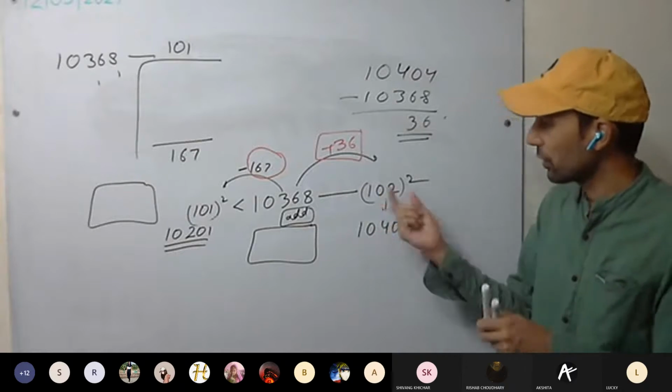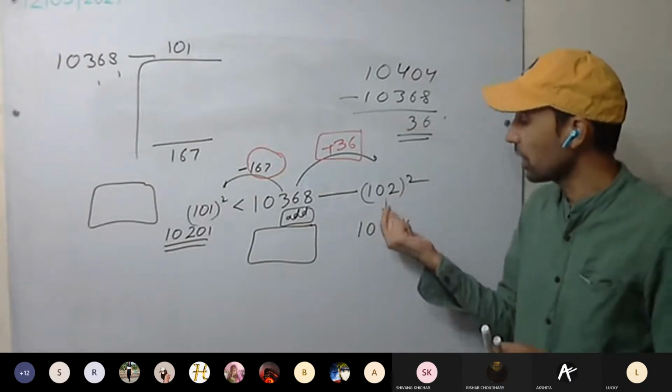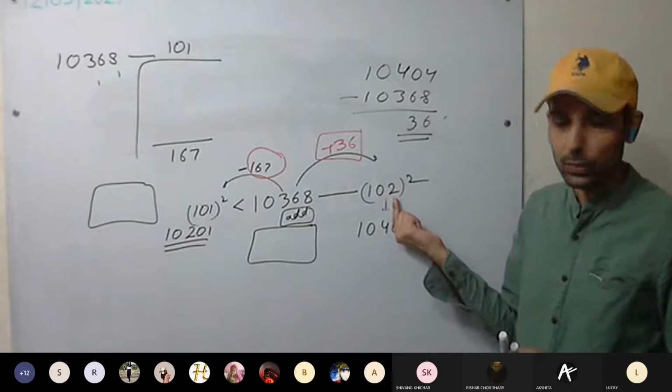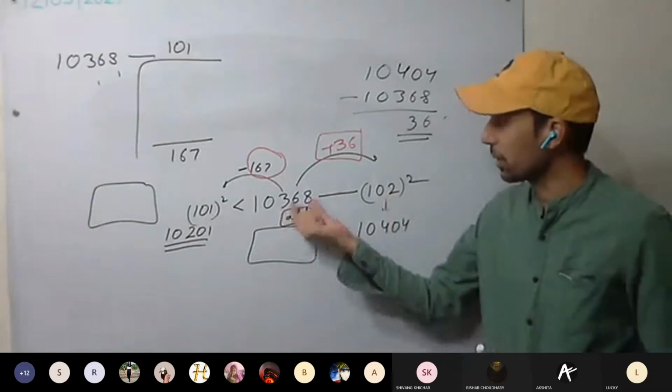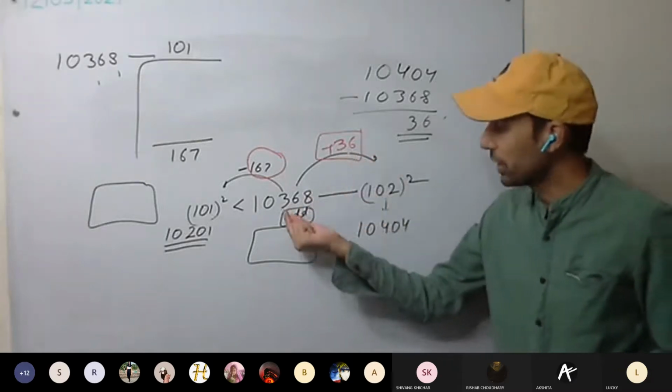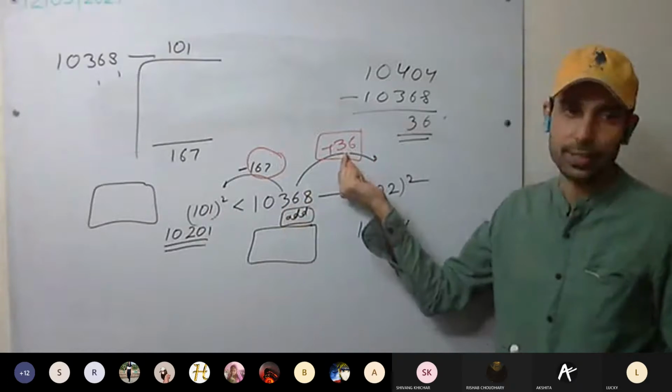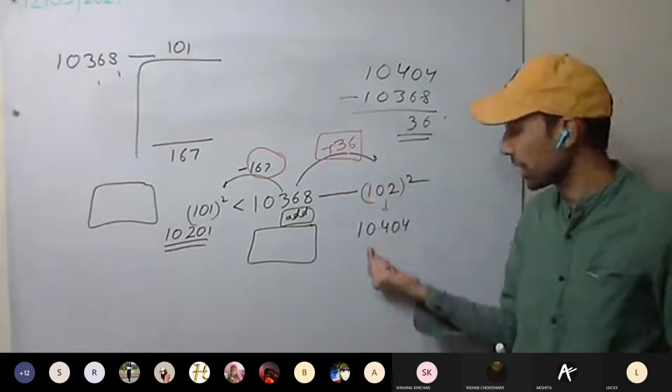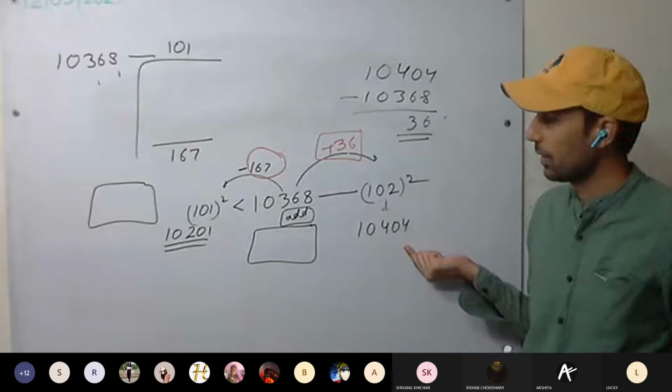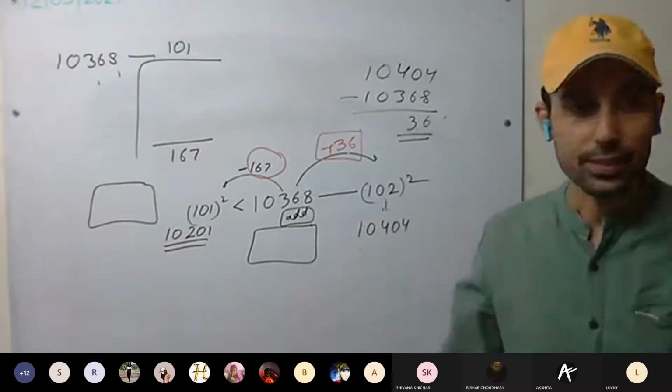We calculate the square of 102 and subtract this number from it, and we get 36. So 36 must be added to make it a perfect square. This is clear?